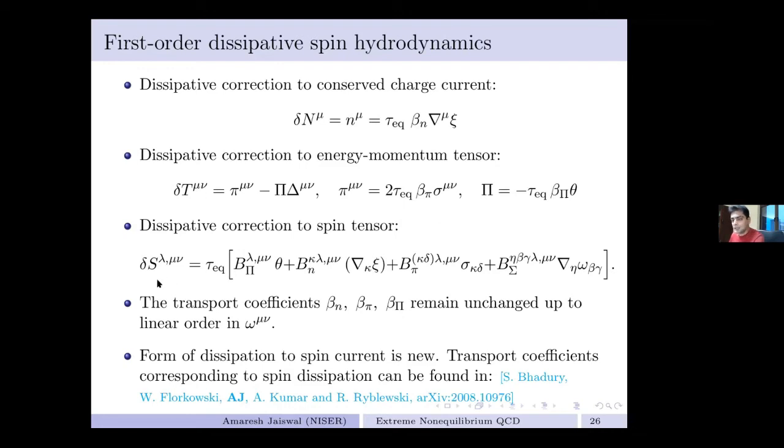However, the new thing that we find is the dissipative correction to the spin tensor. It has corrections coming from the scalar expansion term, the space-like derivative of the chemical potential over temperature, psi, the shear tensor sigma, and a completely new term, which is basically a first order derivative of the polarization omega.